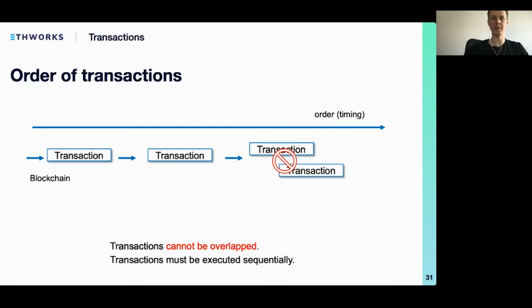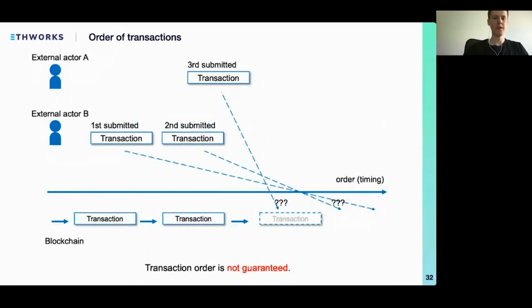It's not guaranteed that you will get your transaction mined before someone else. So even if you send your transaction first, it's still possible that someone who did it after you will get their transaction mined first. Why is that the case? It can be simply a matter of geographical location.